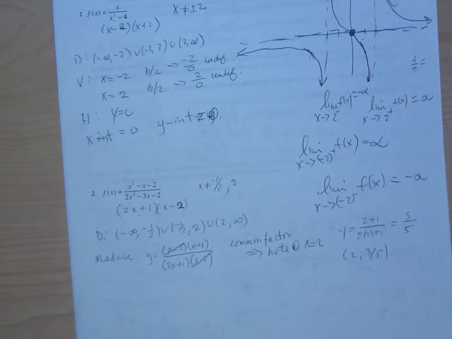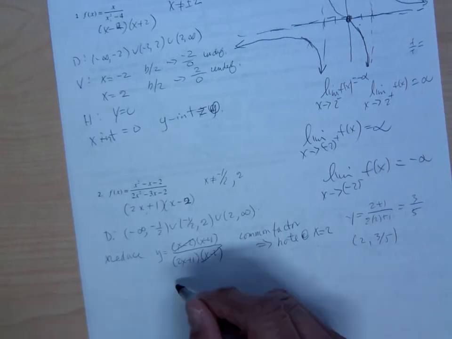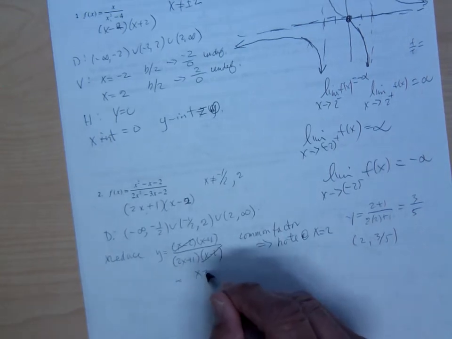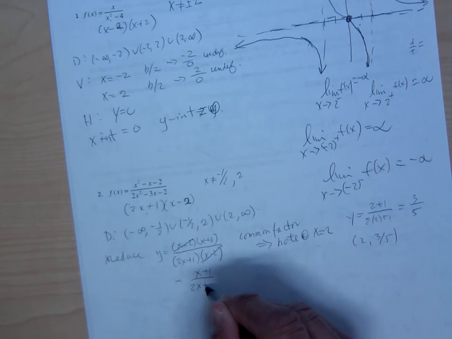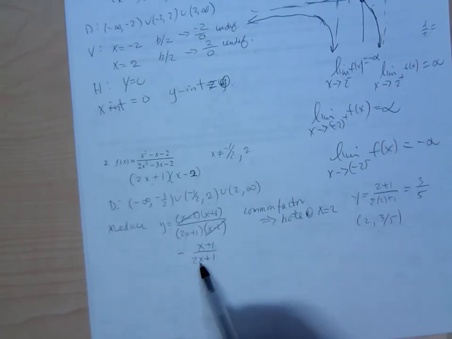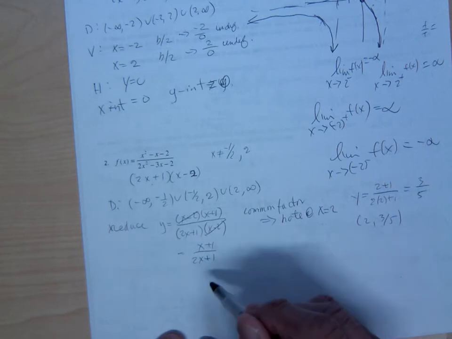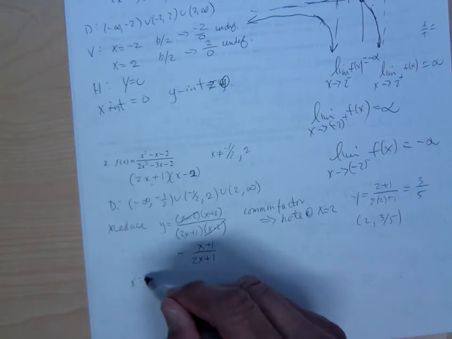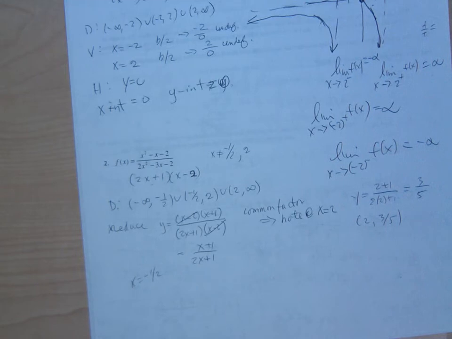Now we're going to look at the reduced form. When x is negative 1/2, this will be undefined. Because x equals negative 1/2, that will be undefined. Right?